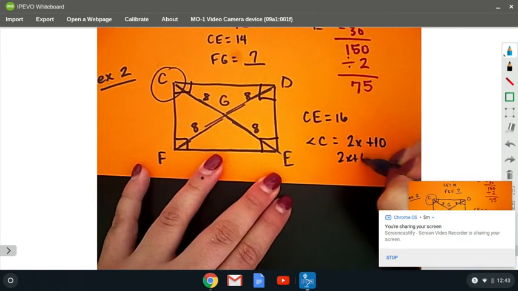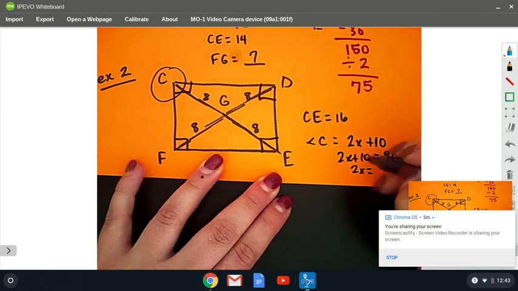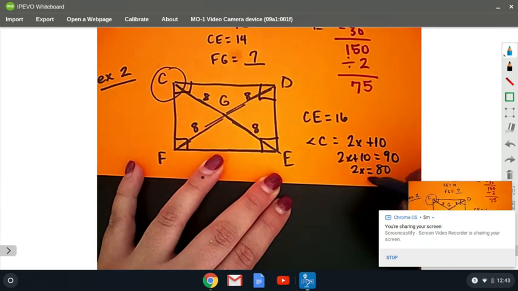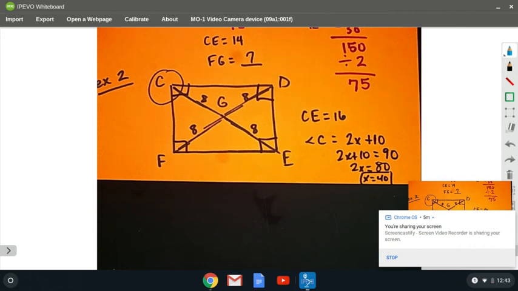So I can take 2x plus 10, set it equal to 90. Do some math out here. That gives me 80. So that means x would be 40. So these are just some quick ways that they may ask you some questions here.